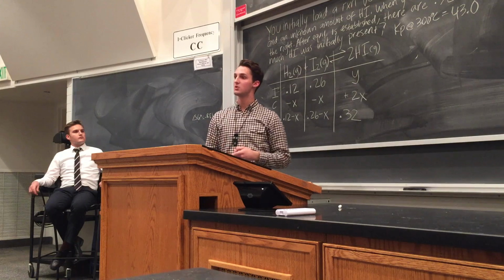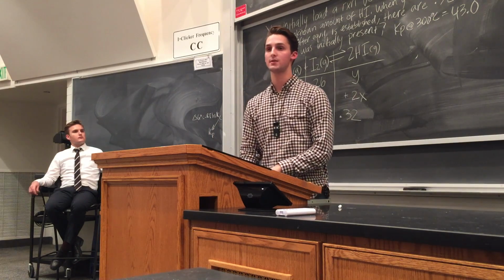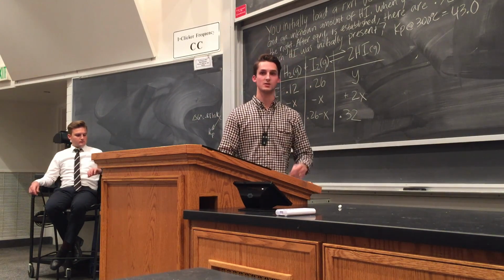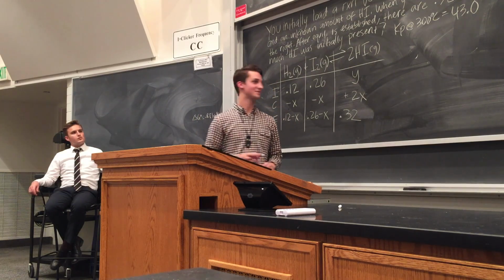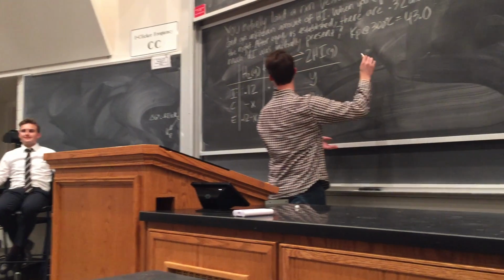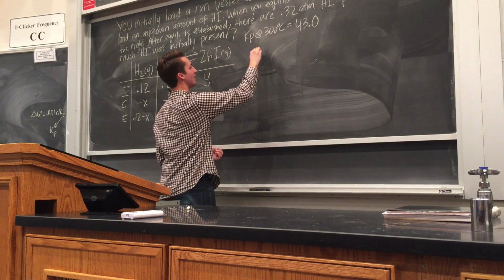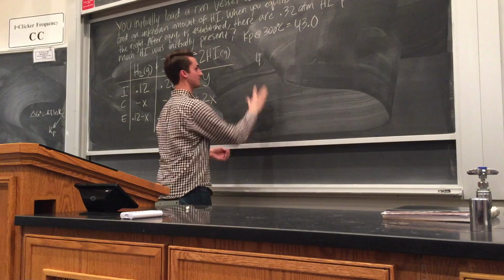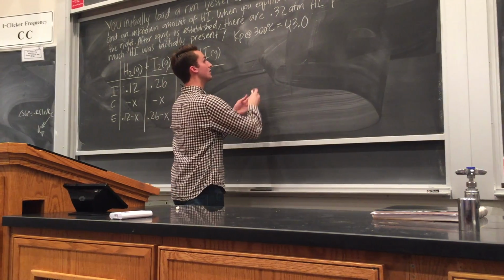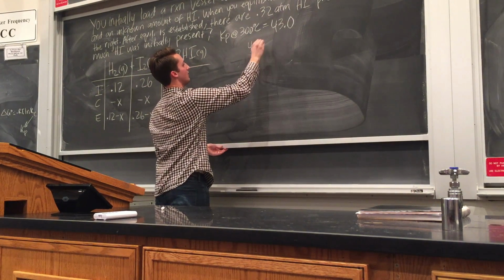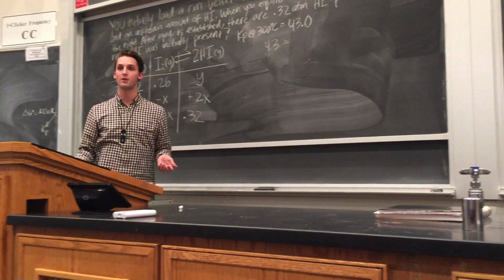The next thing we need to do is write our equilibrium constant expression, which is products over reactants. Okay, so we have 43 is our Kp. I better leave myself some good room. So we have 43 equals our products over our reactants.